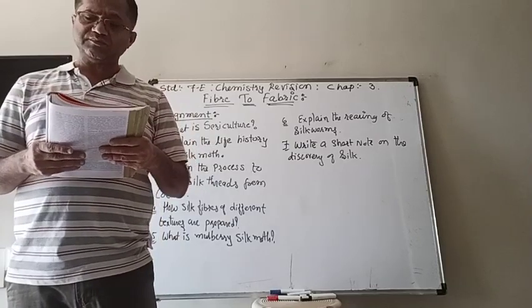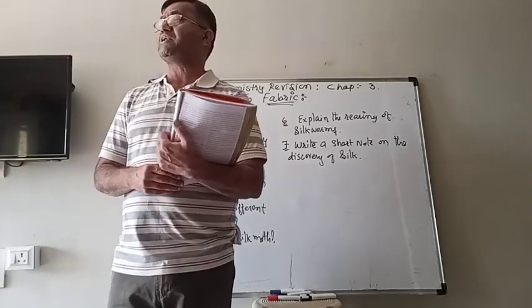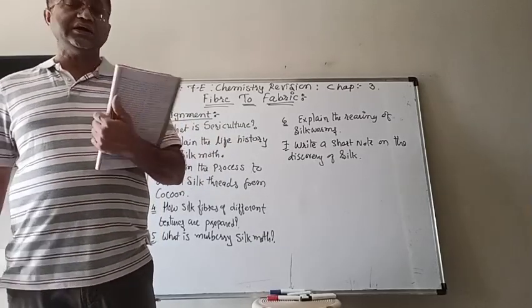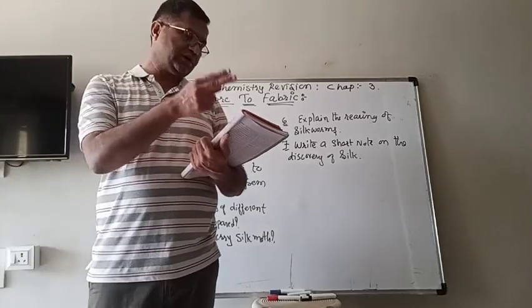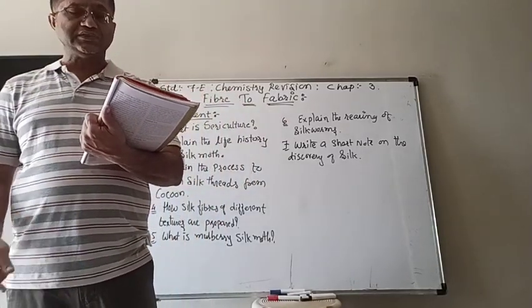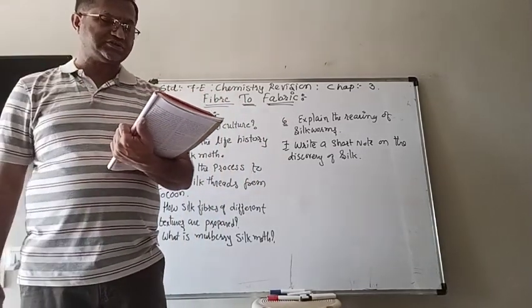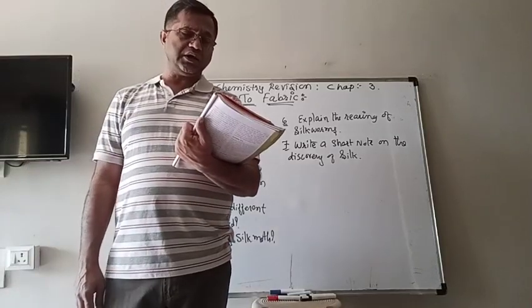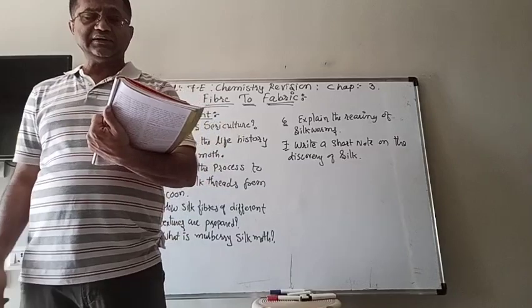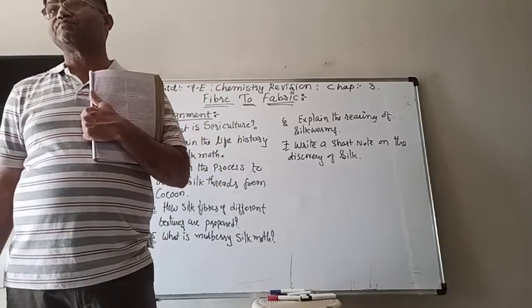So what is that? When the caterpillar is big enough after eating, it shakes its head in the form of English 8, and makes swings and weaves a net to hold itself.